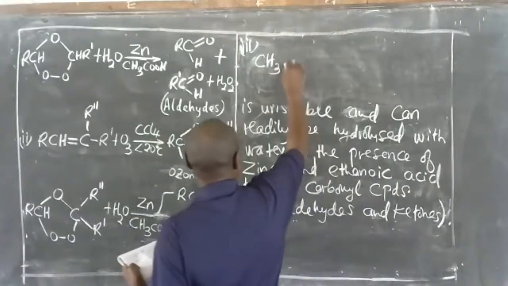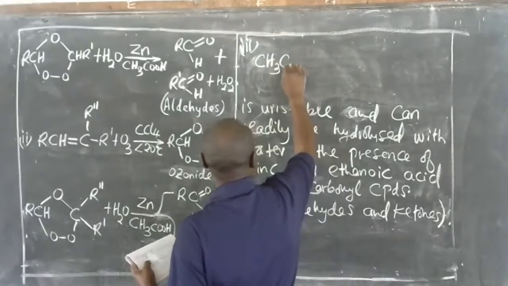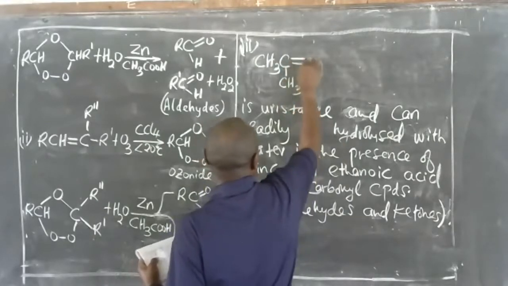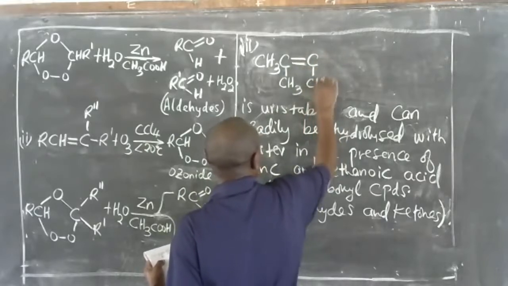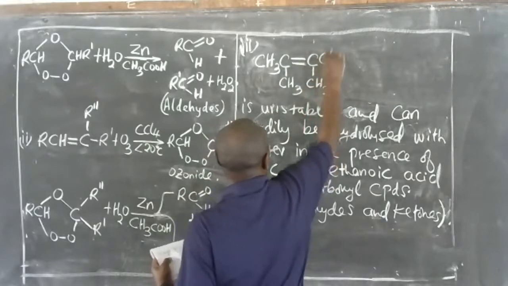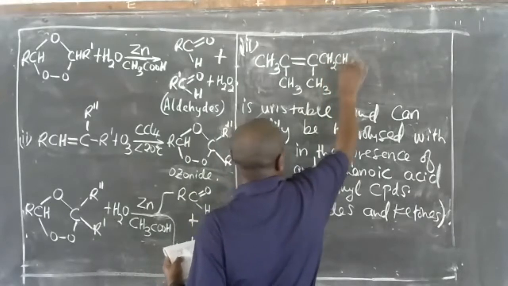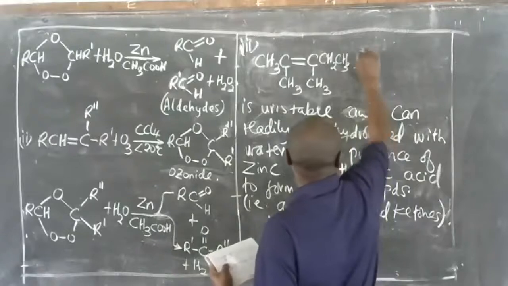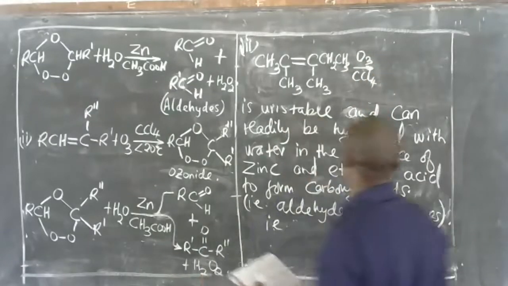We have C, then we have CH3, double bond, C, we have CH3, we have CH2, CH3. In the presence of ozone and then carbon tetrachloride.